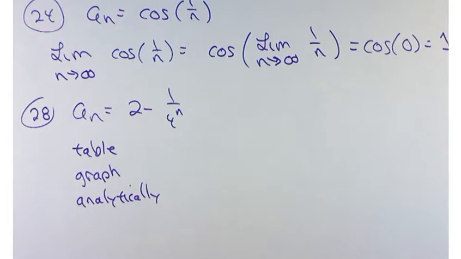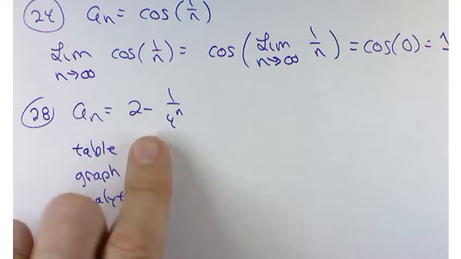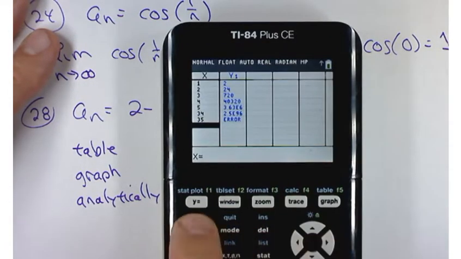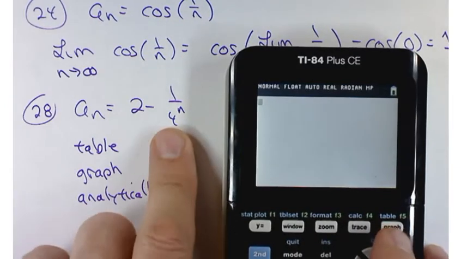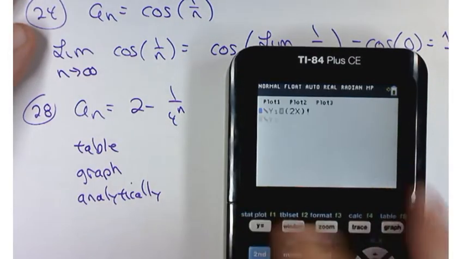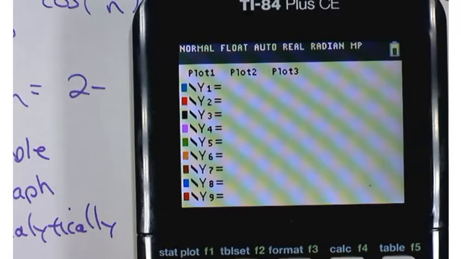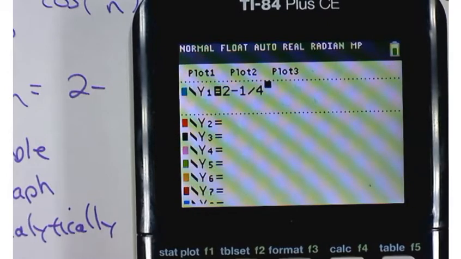Now for the table, let's enter this equation into our graphing calculator. Now I'm not going to get all fancy with this like I did with some of the other ones. I'm just going to enter it in any way that I see convenient. So it's going to be 2 minus 1 divided by 4 raised to the x power.